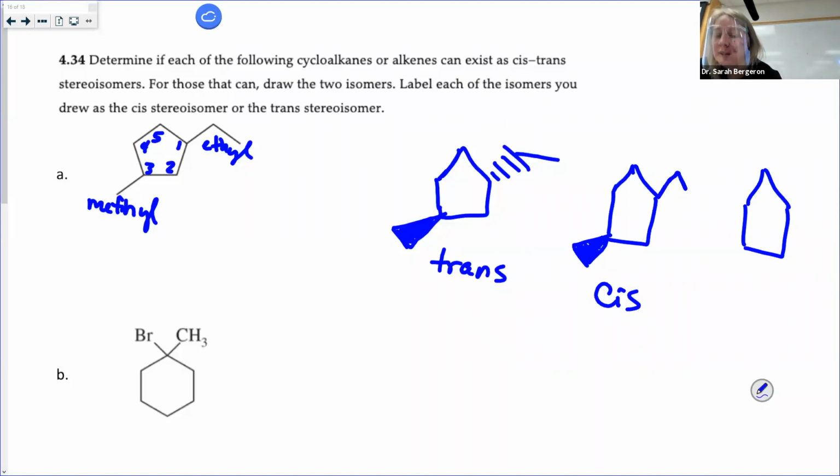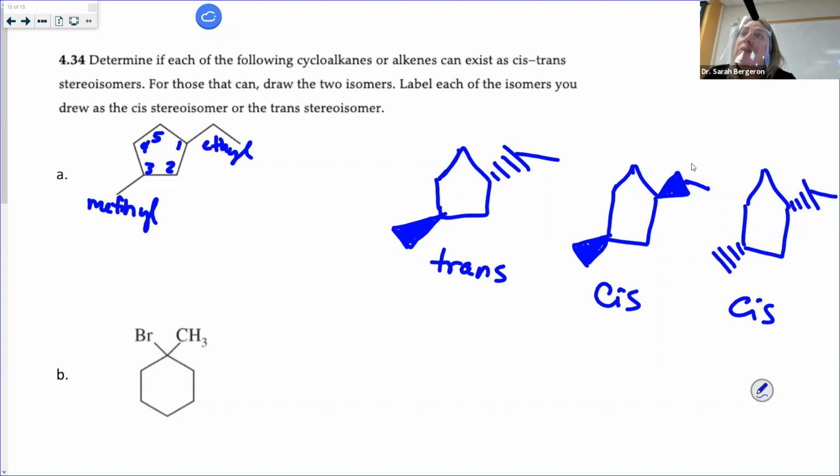Do the other one the same way. Cis is the same, right? And then just draw a stick coming out of it. What's the other way to draw cis? Both of them as dashed lines. Both of them are cis. So there's always going to be 2 ways to draw cis.